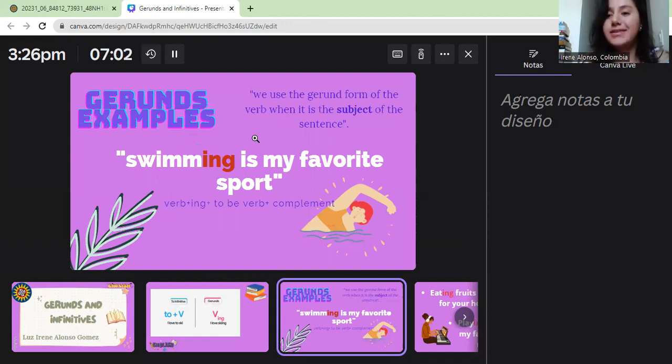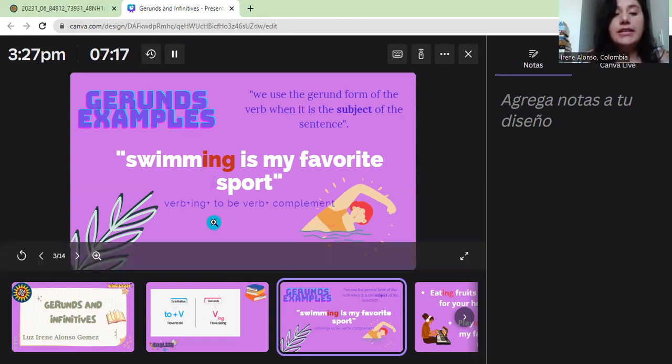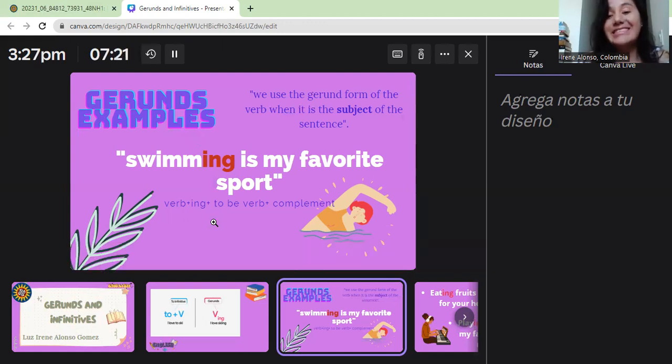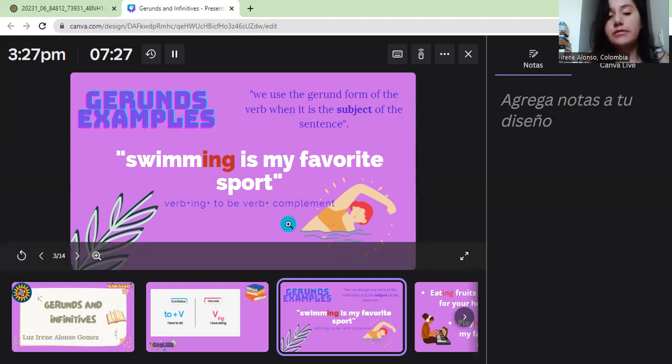This is my example for this rule that consists in the main verb that is swim, that in Spanish means nadar, and the ending ing plus to be verb plus the complement, that in this case is my favorite sport.